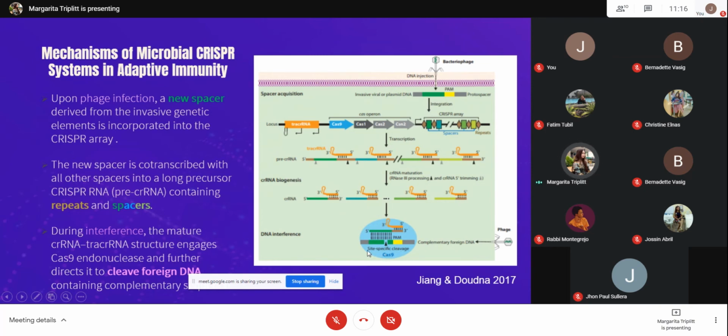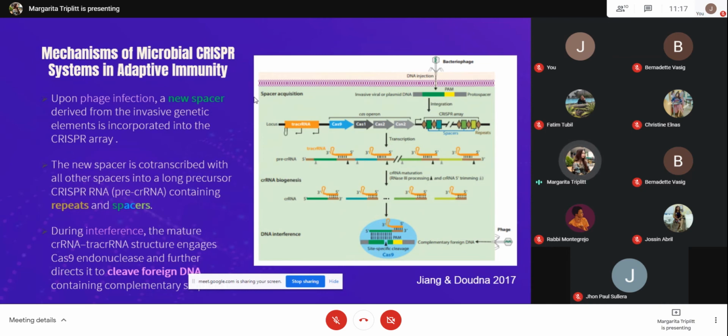Now, it has the ability to bind to the genome of the phage that would infect the bacterium, and also to cut it out, and then the function of the virus will never be infecting the bacterium or archaea again. So those are the three mechanistic steps involving CRISPR in the adaptive immunity response in bacterium.